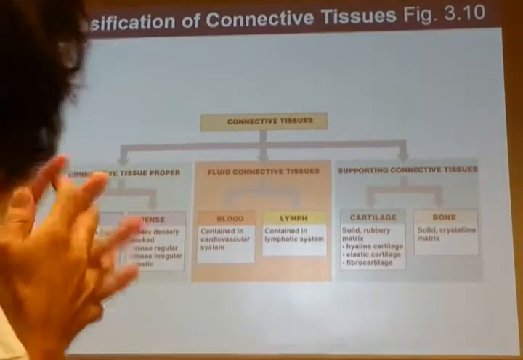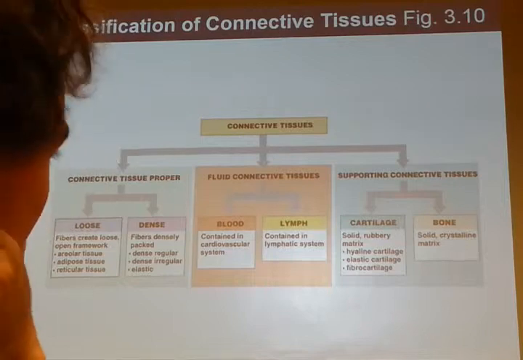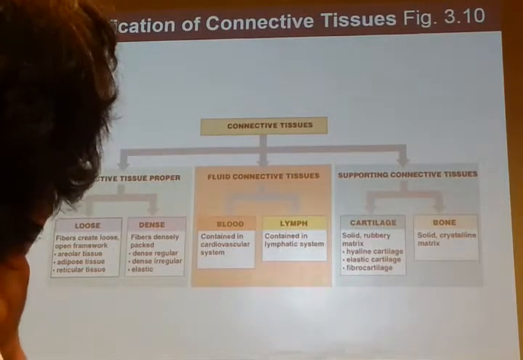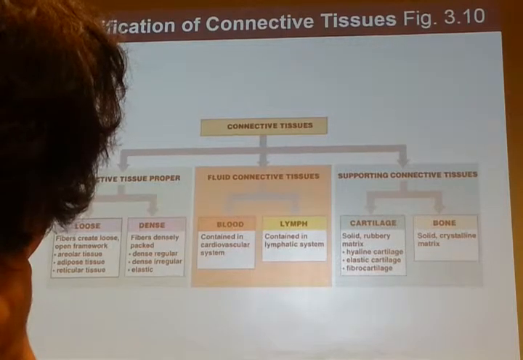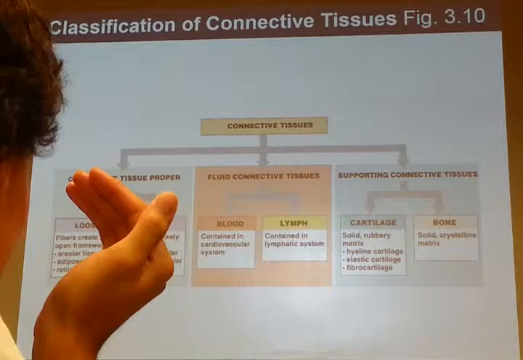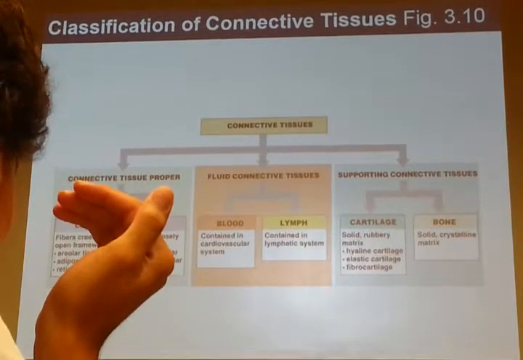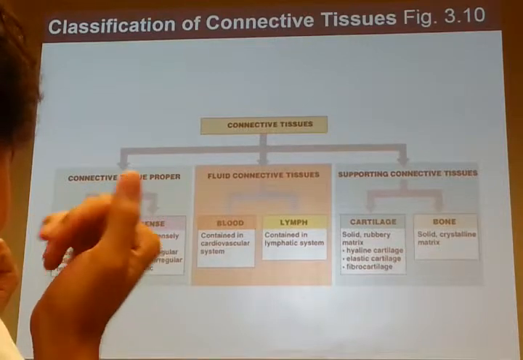So breaking down connective tissue, what they call connective tissue proper, that is your tendons, your ligaments, your areolar connective tissue, which is loose connective tissue where cells can migrate through and blood vessels can be there and you can store a little bit of fat.